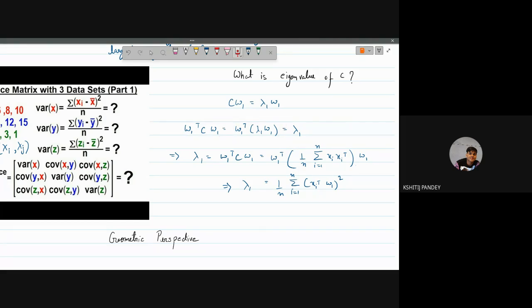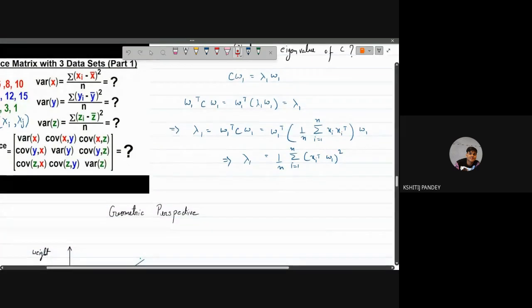The thing here is that lambda 1 is a scalar, so you can take that out, and inside you will be left with W1 transpose W1, which is nothing but norm square of W1, correct? And we already know norm square is equal to 1. Yes. Thank you, sir.